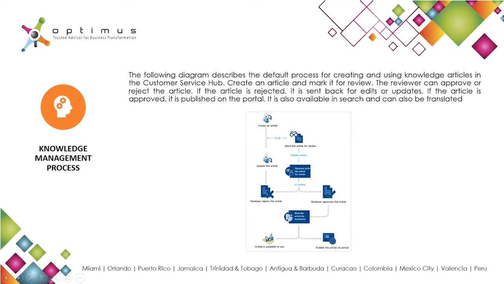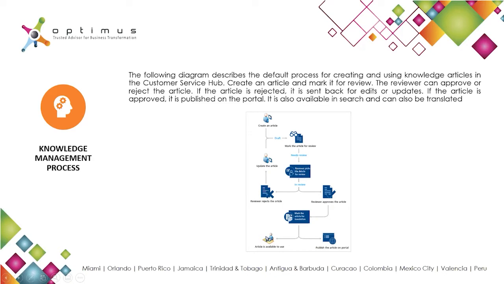The person that is creating the article must mark the article for review. After that, the person that receives the article for reviewing is going to review it and define whether to return the article or approve it. So at the beginning, you create the article and mark it for review. The article is available for reviewing.